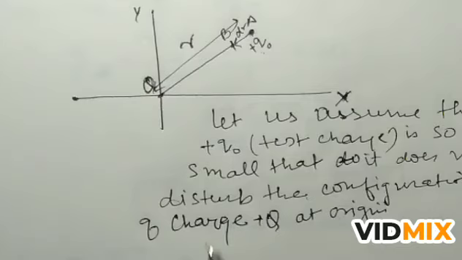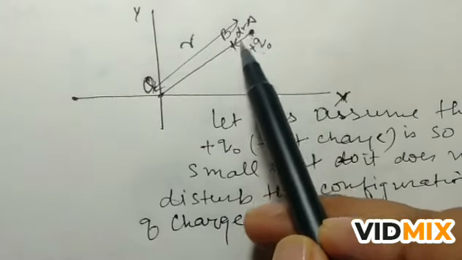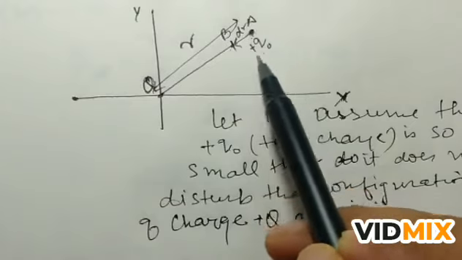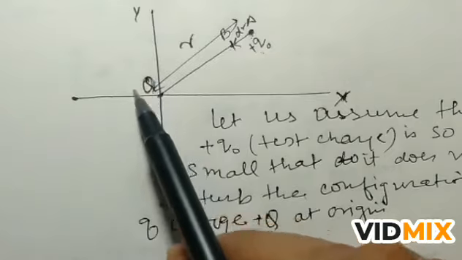So while moving the charge from A to B, it is assumed that this charge has a very small value, and the value of this charge cannot affect the configuration of the charge q.